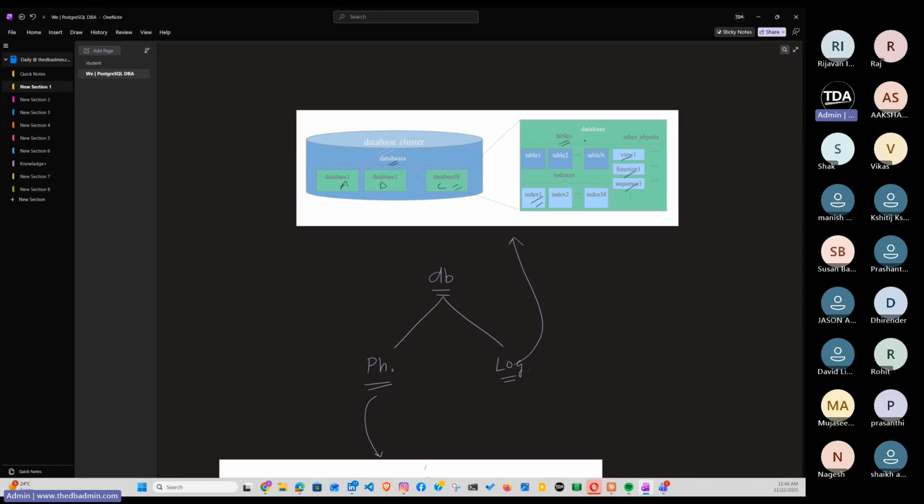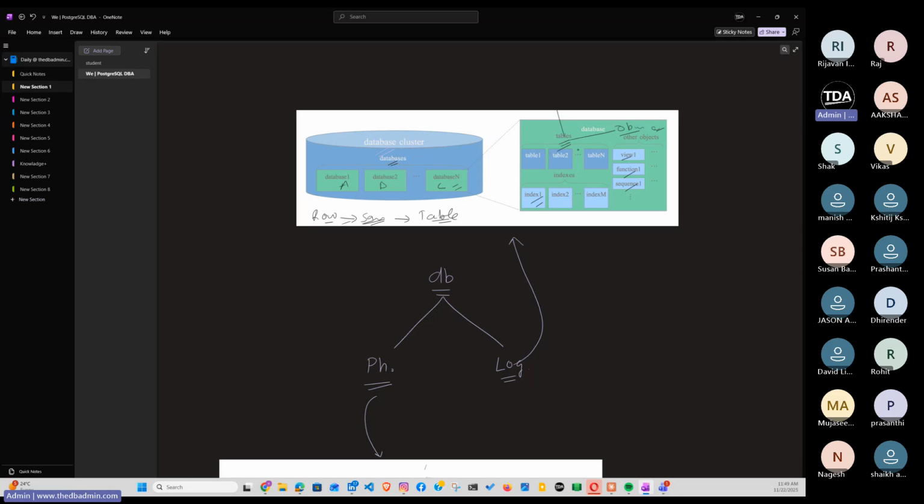People who are coming from the Oracle side can think of these as objects and segments. Rows combine to become segments, and multiple segments combine to become a table. Same concept here.